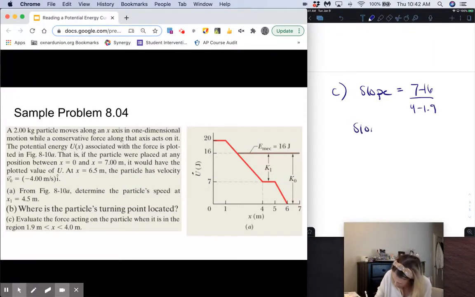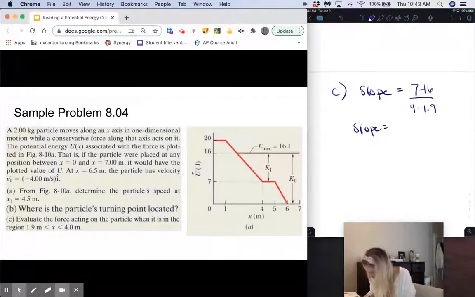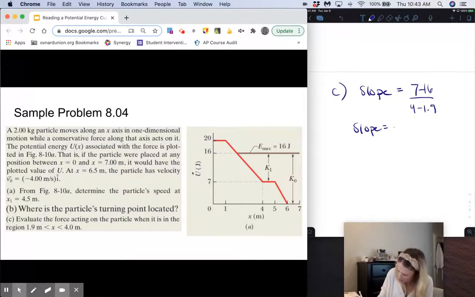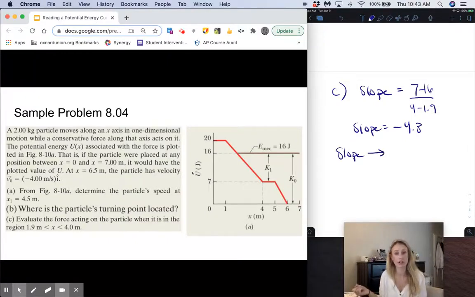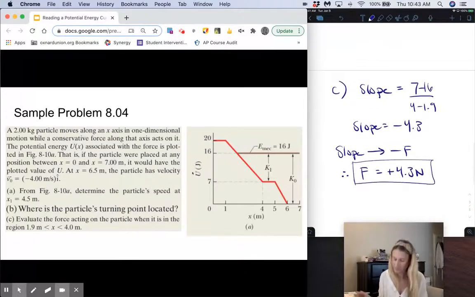So the slope here is equal to negative 4.3. And then we know that slope on a potential energy curve like this is negative force. So therefore, force is equal to a positive 4.3 newtons. And there's our answer.